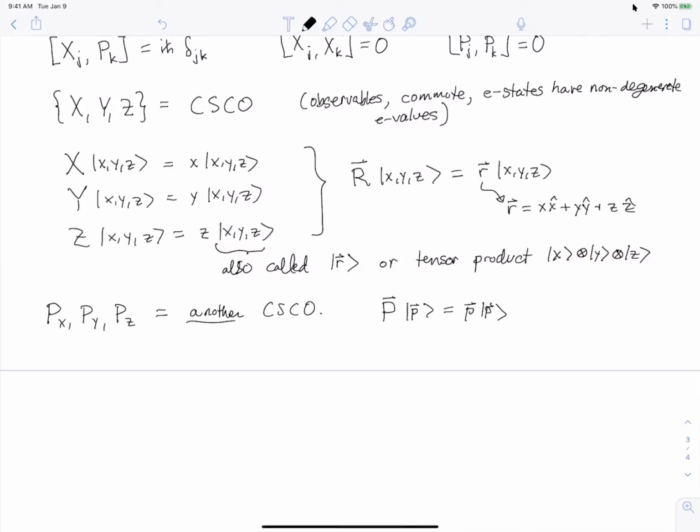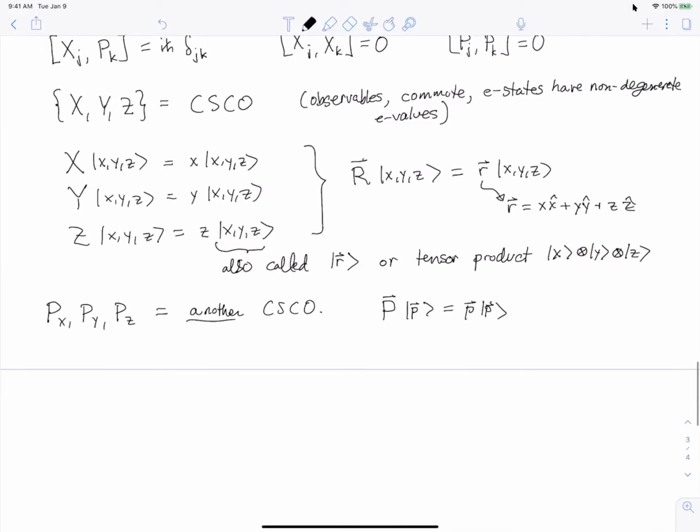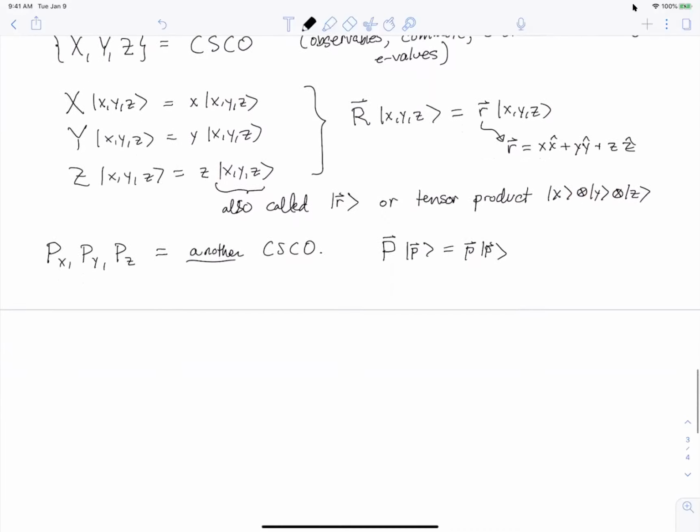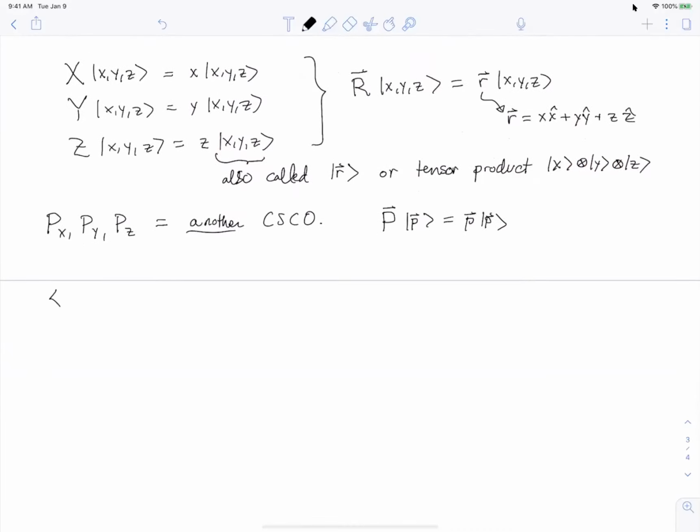Okay, and so now we've defined eigenstates of position and momentum, and we can look back at what we did for the one-dimensional case and just write the corresponding formulas. So for example, <R'|R> is this time a 3-dimensional delta function of R minus R'.